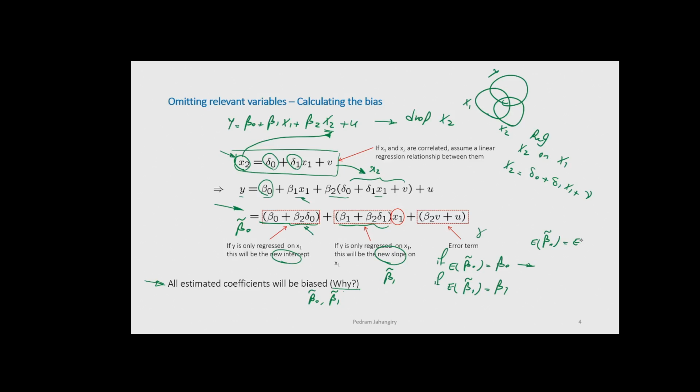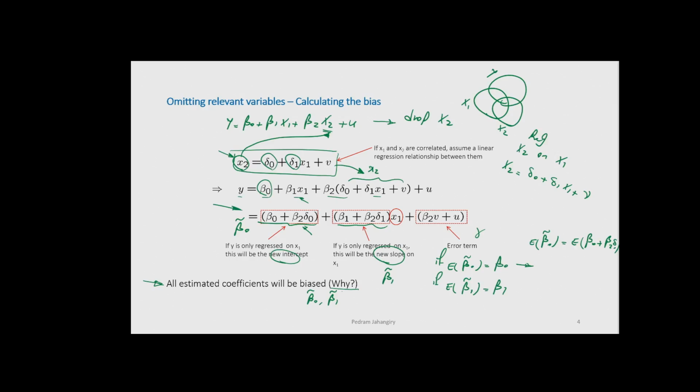Let's rewrite it: beta 0 plus beta 2 delta 0. This is not equal to beta 0. Actually, it's going to be equal to beta 0 plus beta 2 times the expected value of delta 0. So it's not equal to beta 0, so it's going to be biased.